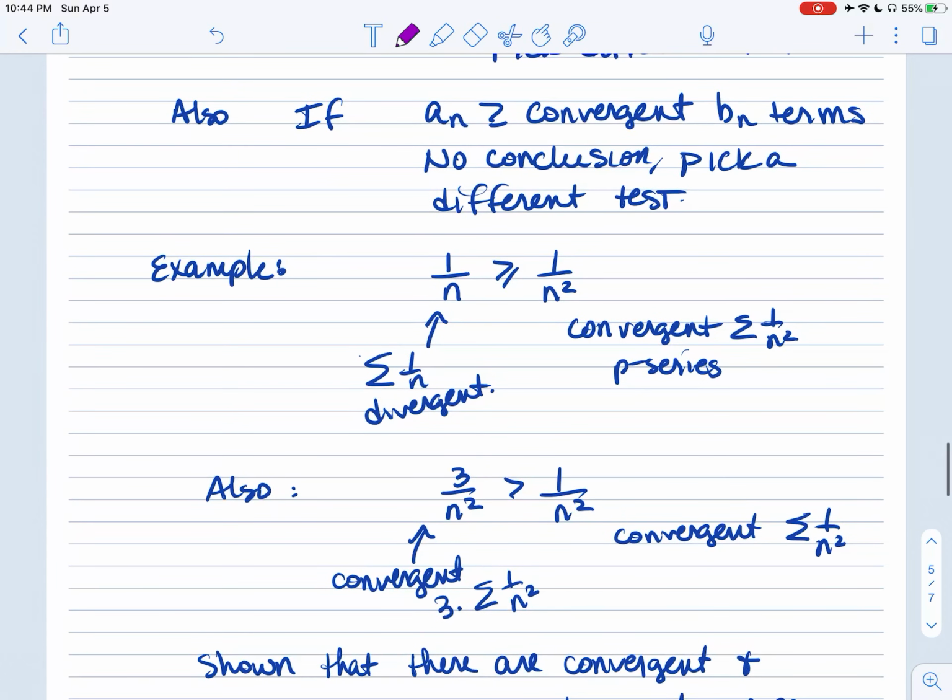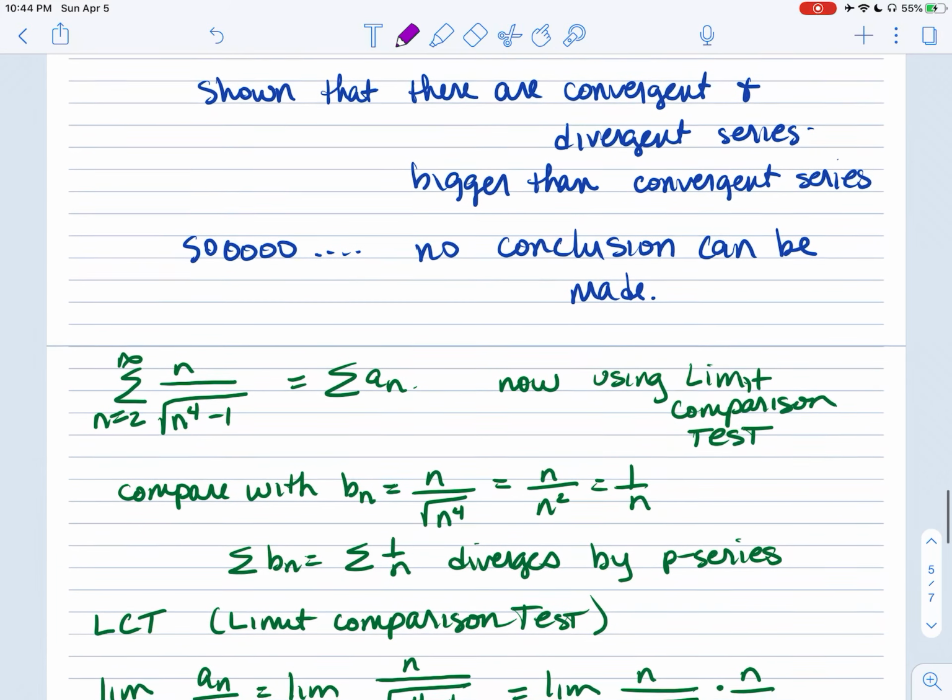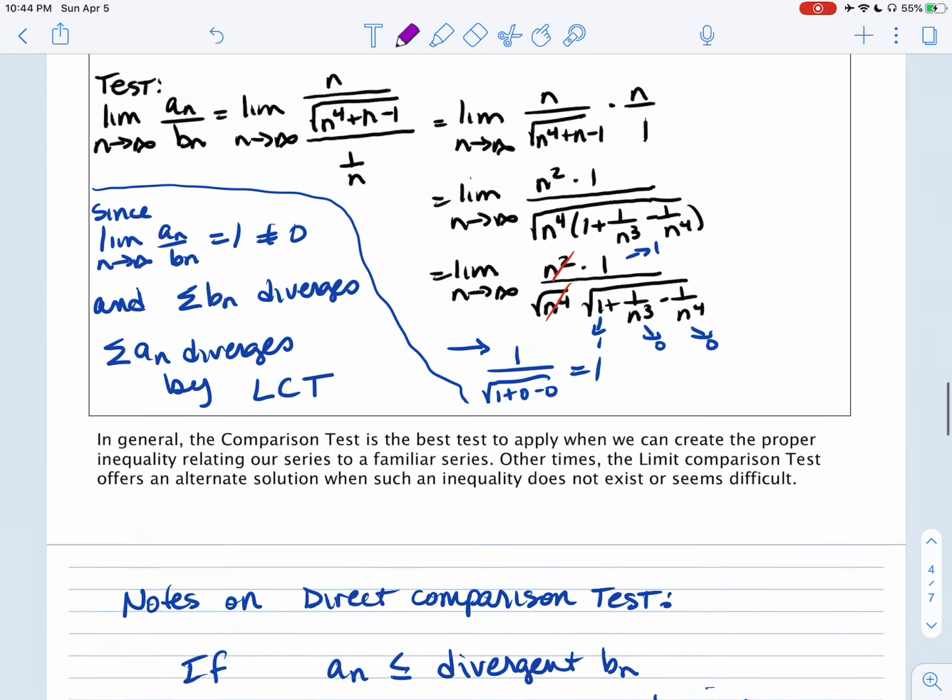But then we also have that 3n over n squared is bigger than 1 over n squared. So here's an example where I can find series that are divergent that are bigger than 1 over n squared, and I can also find convergent series that are bigger than a convergent. So there's convergent and divergent series bigger than a convergent series. So you've really said nothing. Good. And there's similar scenarios to that. So please read through those.